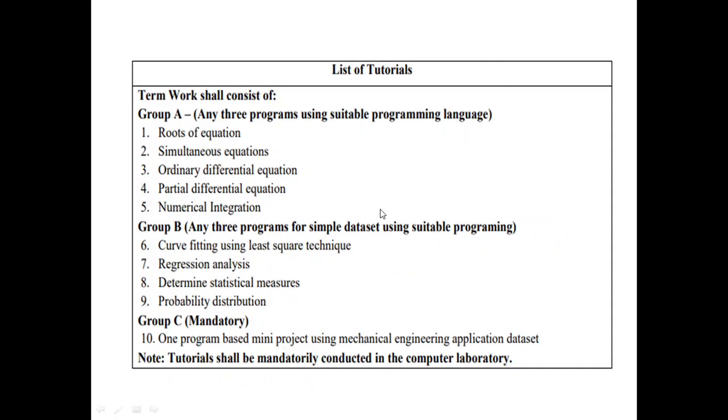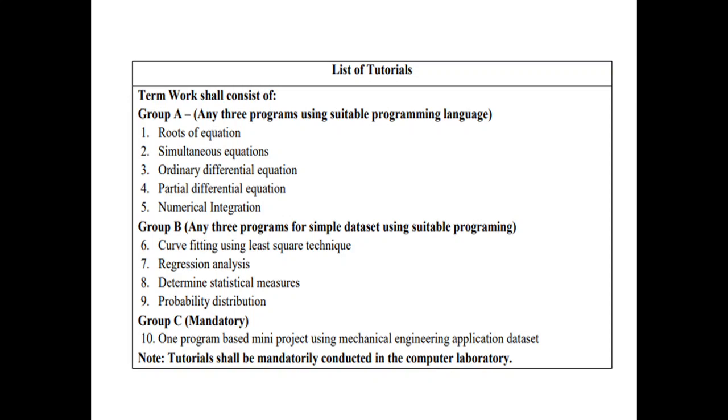Then the next part is the term work. There is a list of tutorials, how to cover the list of tutorials or term work. Term work shall consist of three different groups. In the first group, group A, any 3 programs using a suitable programming language.